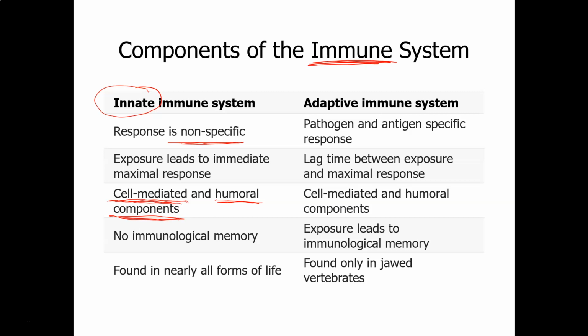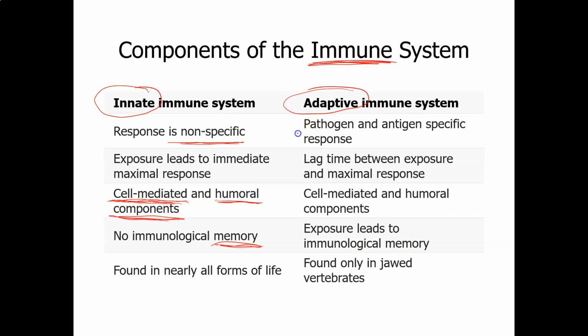There's no memory involved in the innate immune system. It just simply, if it sees something foreign, it attacks it. The adaptive immune system is the one where we are getting vaccinated against a certain disease. This is specific.